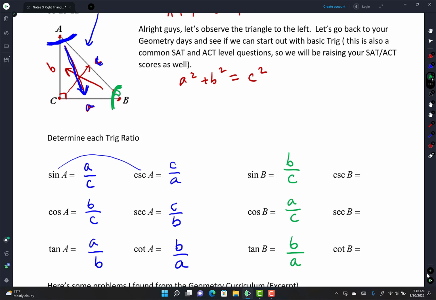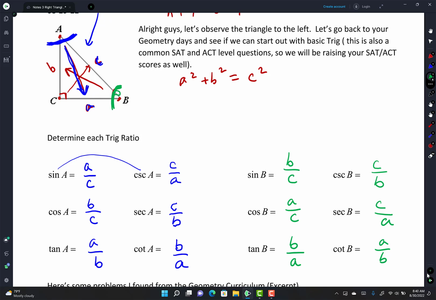So the reciprocal of sine is C over B. Secant B is the reciprocal of cosine, so I'm going to write C over A. And then finally, cotangent of B is the reciprocal of tangent of B, so I'm going to write A over B. How do we feel, guys?